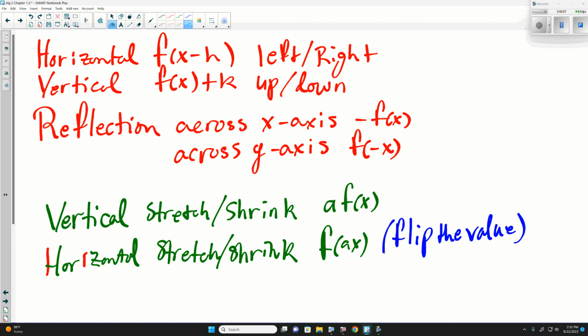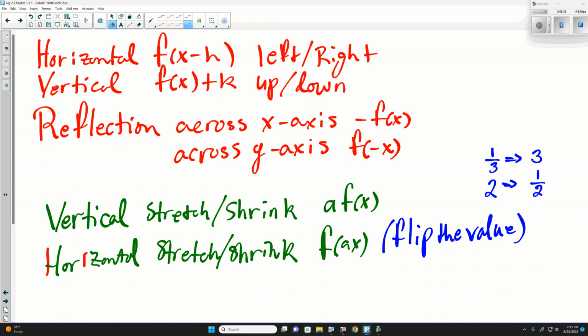So if they tell us our horizontal stretch is by a factor of 2, what we're actually going to plug in is 1/2. If they told us it was a horizontal shrink by 1/3, we'd actually be plugging in 3.